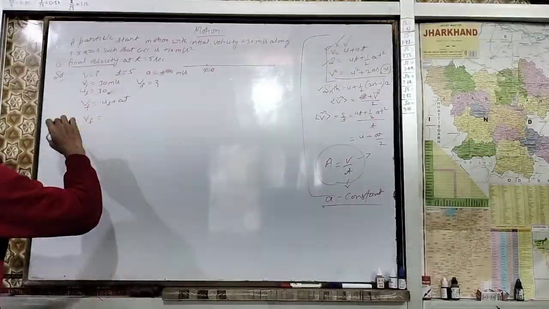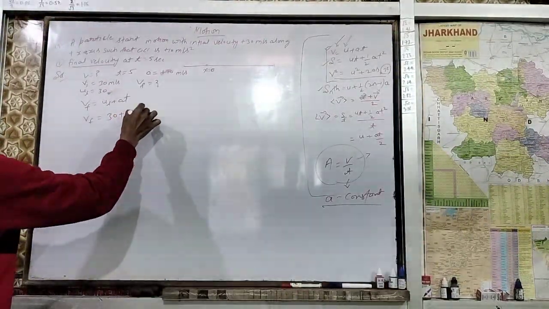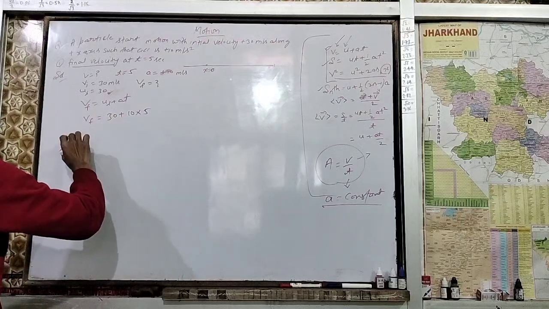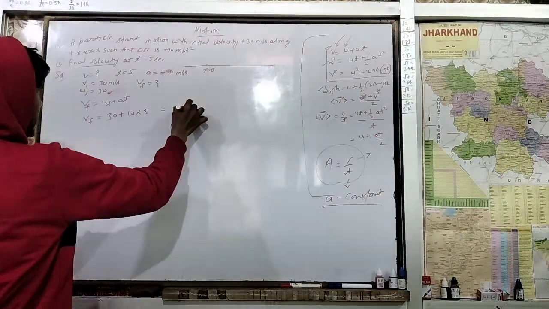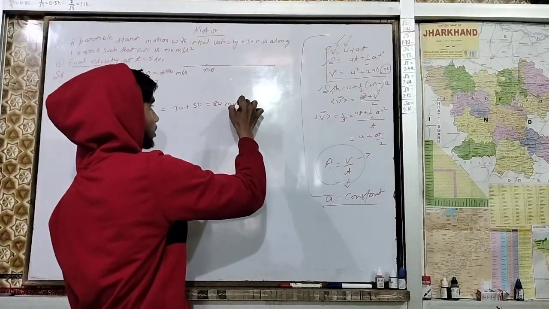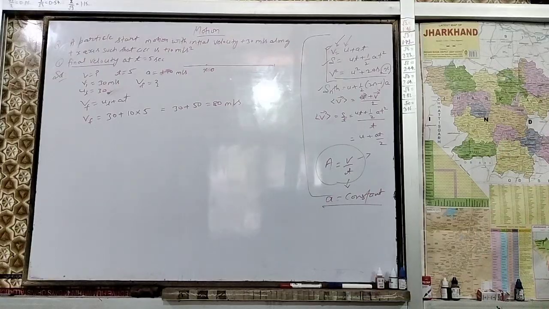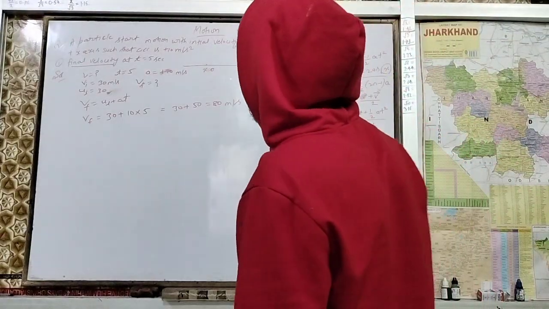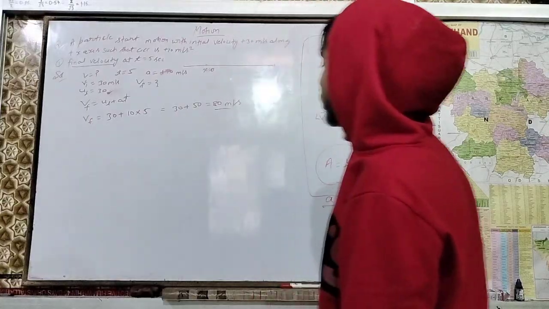Initial velocity is 30, a is 10, t is 5. It is coming as 30 plus 50, which is 80. With 80 meter per second, it reaches the final location. So final velocity was this much and initial was 30 meter per second.